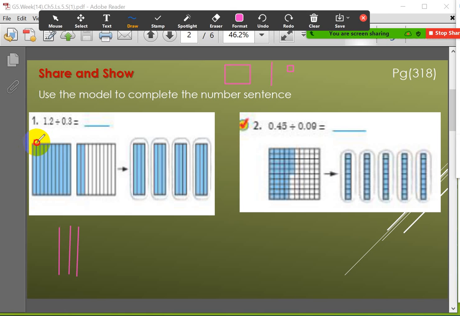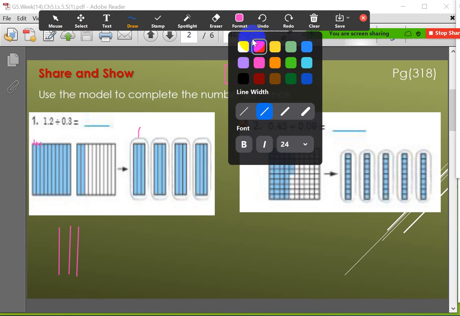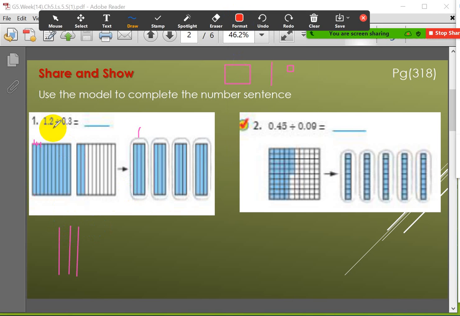Those 3, I will take and put in a group. This is the first group. Now I will change the color to red and take another 3 longs, 1, 2, and 3. So they will make the second group.